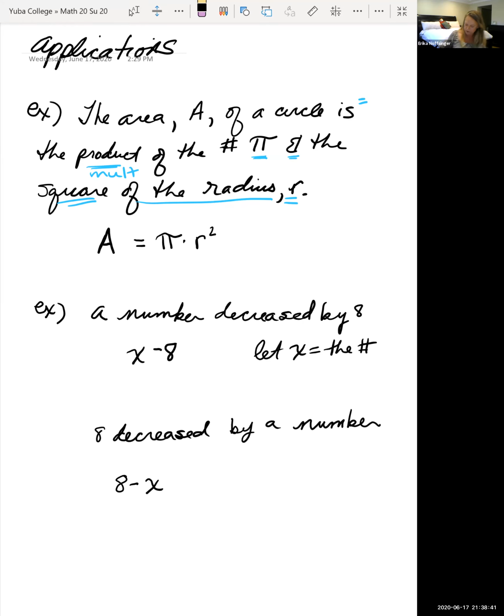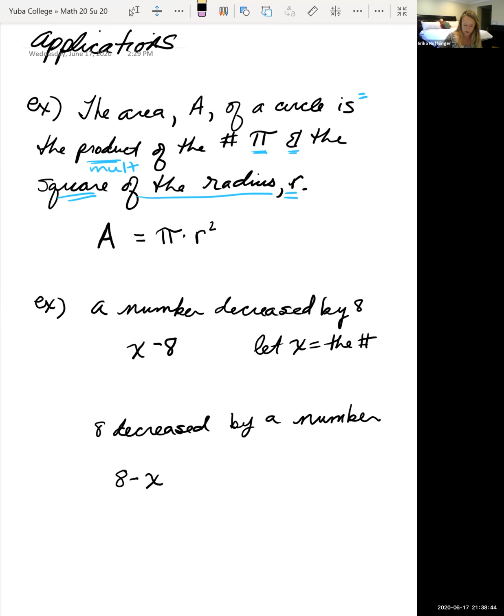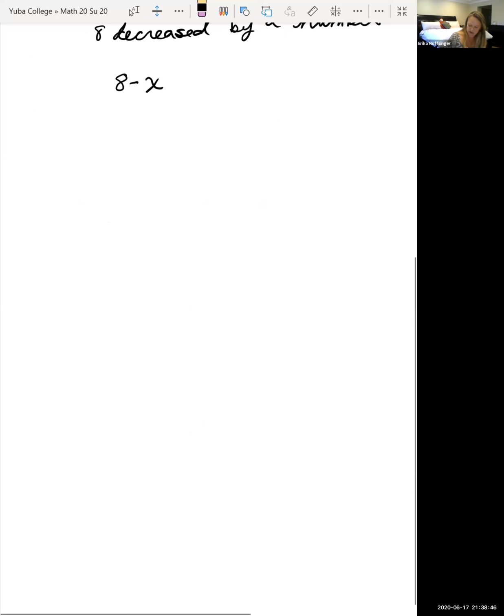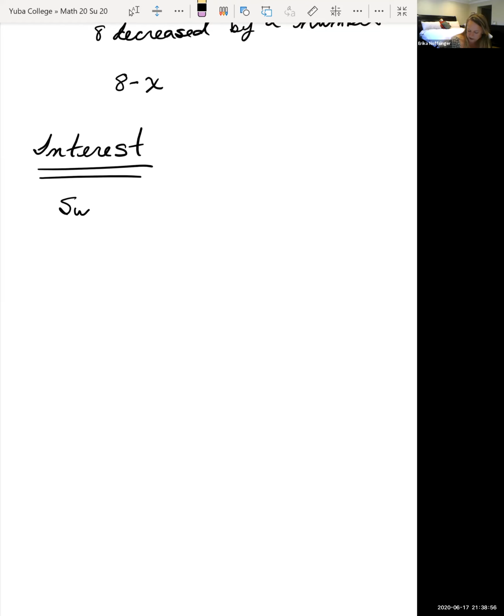Okay, so let's just move on. So interest problems. Well, simple interest is equal to PRT.